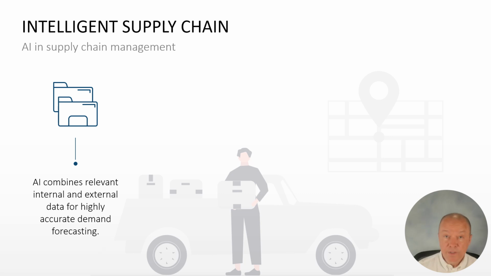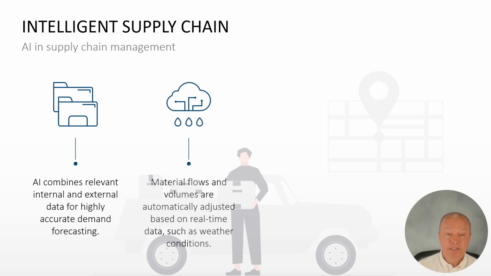So we can use AI to more effectively and more efficiently manage our supply chain and reduce costs. So for example, AI can combine relevant internal and external data for highly accurate and improved demand forecasting. This then allows us to better manage our material flows and volumes so they can be automatically adjusted based on real-time data such as weather conditions.